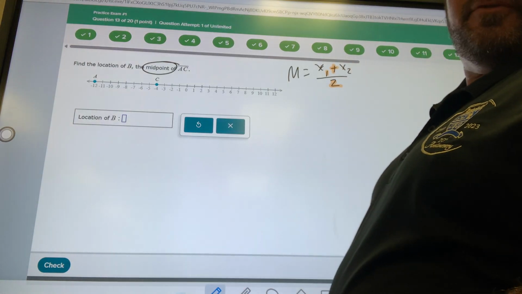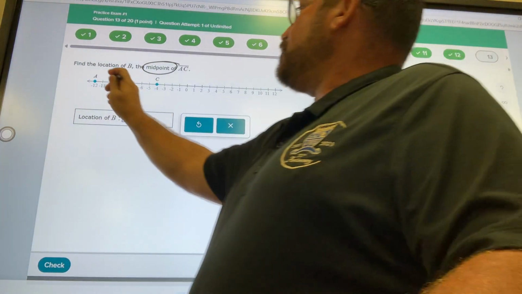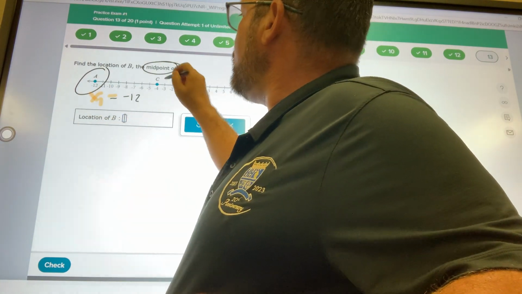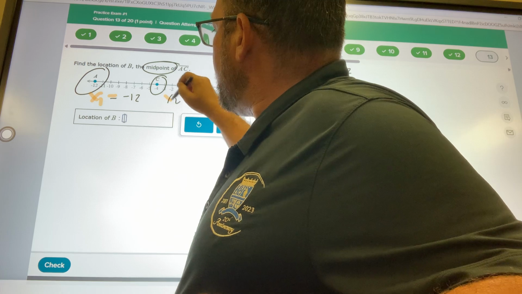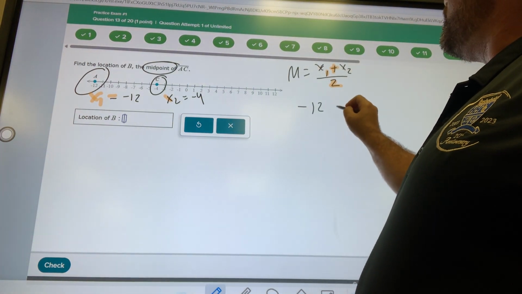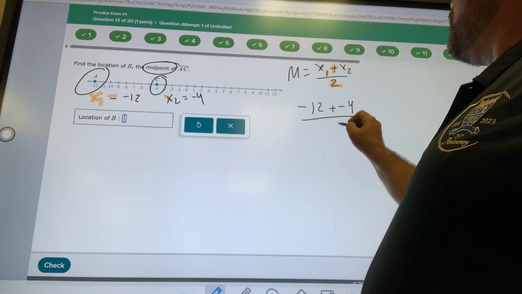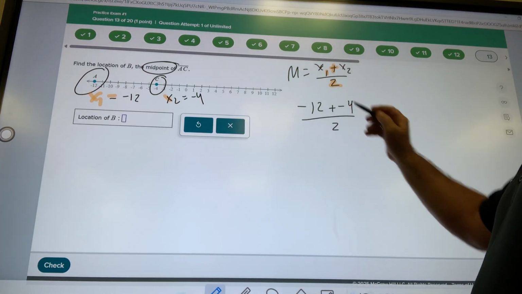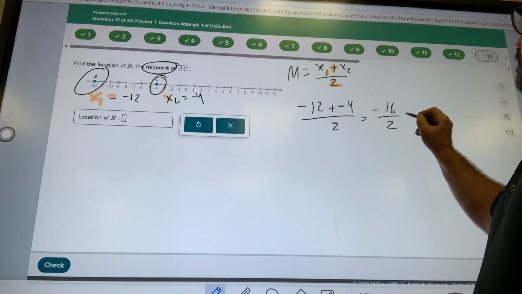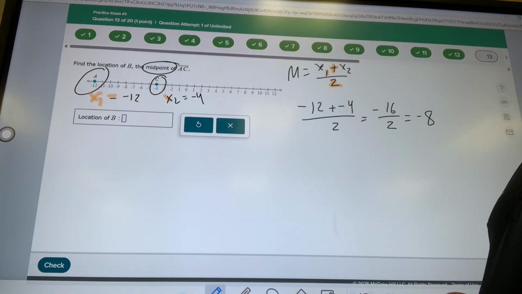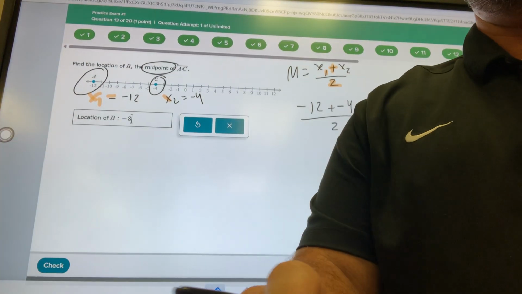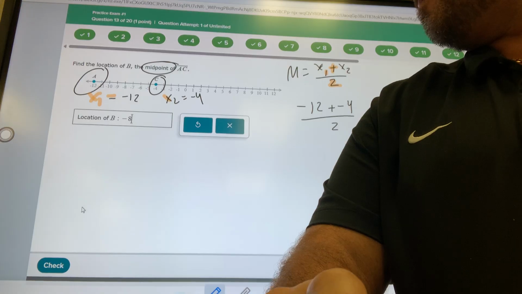Just finding the average of those 2 points. x1 is right here, -12. x2 is right here, -4. -12 plus -4 over 2. -12 and a -4 is negative 16 over 2, which is negative 8. So at the point of negative 8, that is the midpoint.